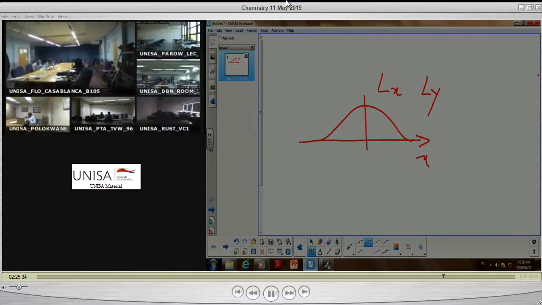So quantum mechanics says you write your mean value like this.